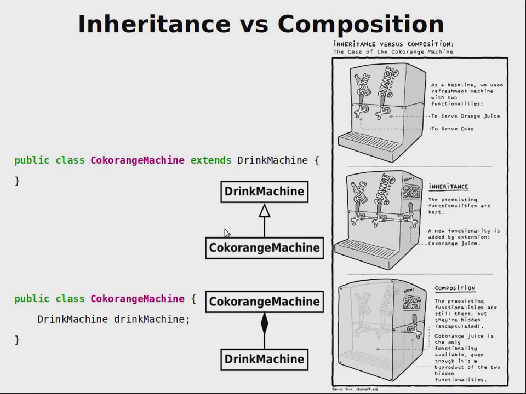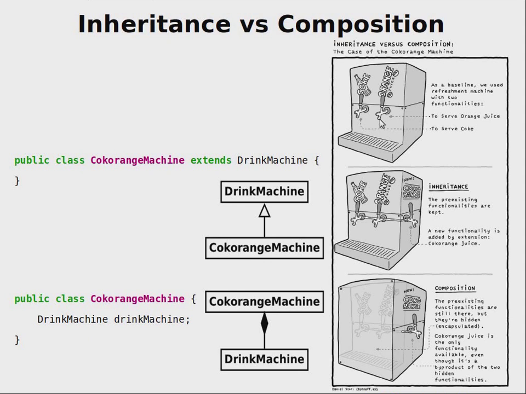And if you are still confused about inheritance and composition, here is an example from real life and an example in the object-oriented approach. So here is a class diagram in UML. Here is an excerpt of code, and here is a real machine. For example, you have a Coke machine, which allows you to get Coke and orange juice dispensed.